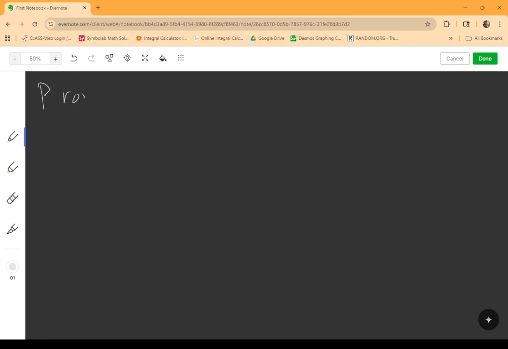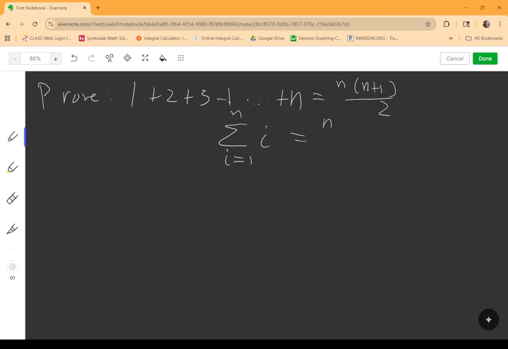I want to prove that 1 plus 2 plus 3 up to n, so the sum of the first n terms, is n times (n plus 1) over 2. In other words, I'm proving the sum formula. The sum of the first n integers is equal to that formula right there.